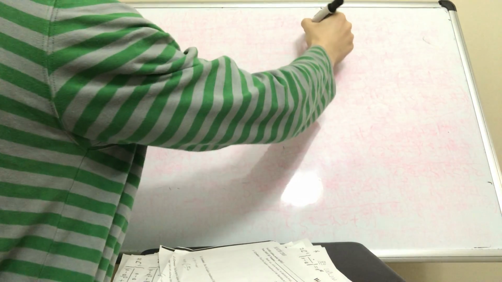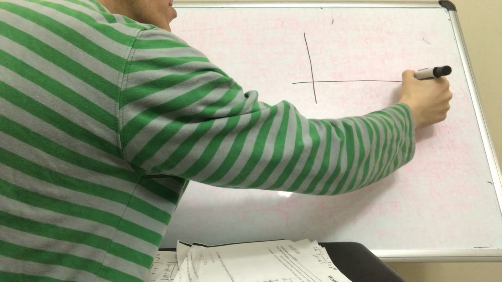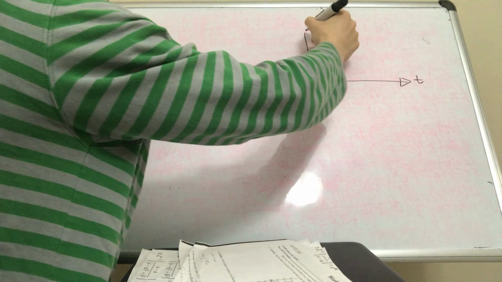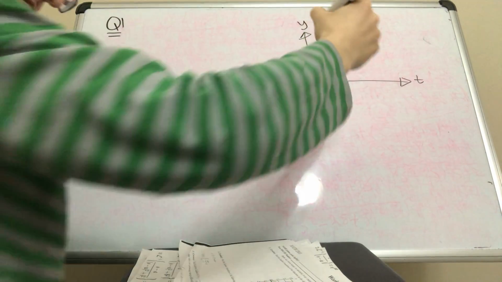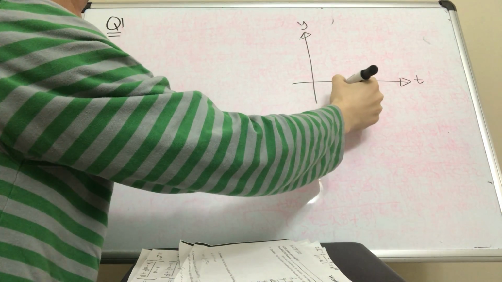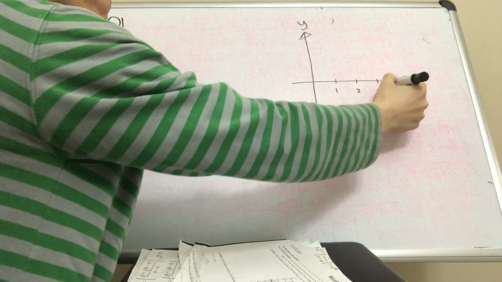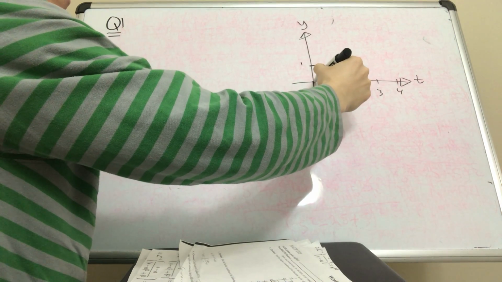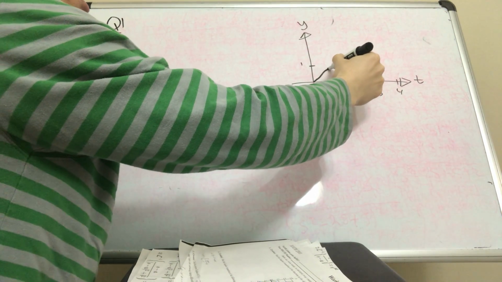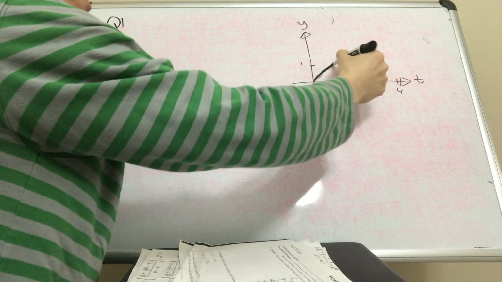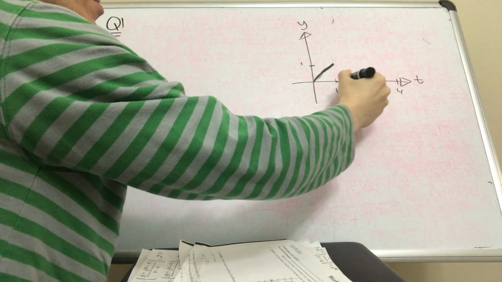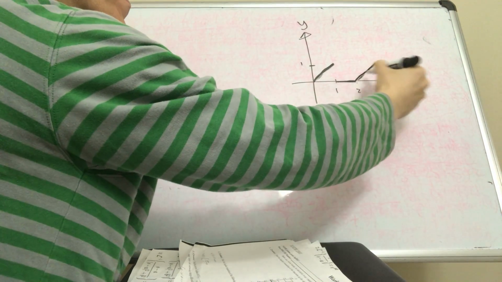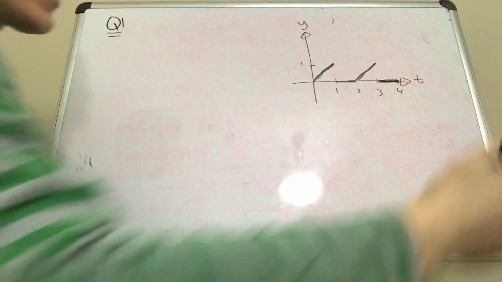So in the question, there was a graph given. It was a straight line going like this, then something like this, a straight line going like this.